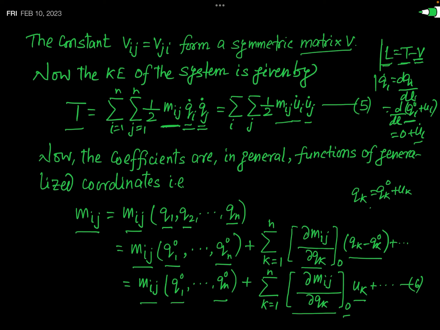Taking uk to the left-hand side, qk minus qk0 is equal to uk. So instead of qk minus qk0, I have written here uk.